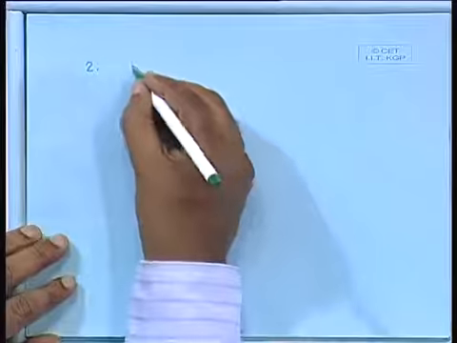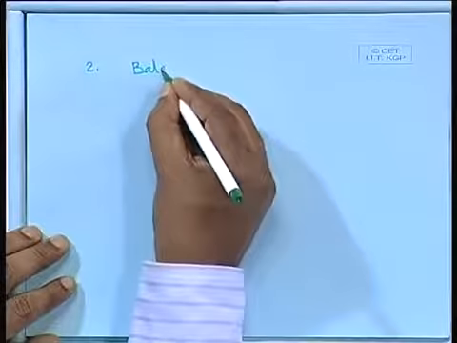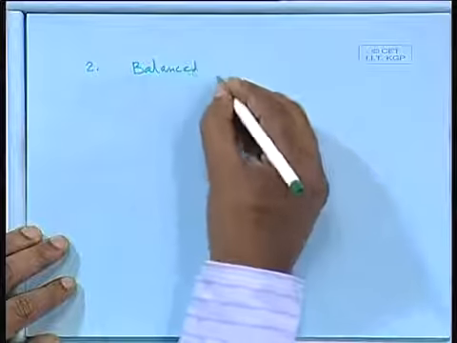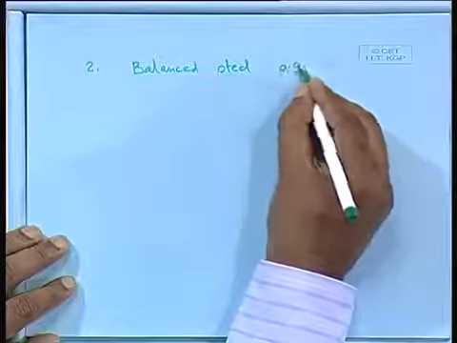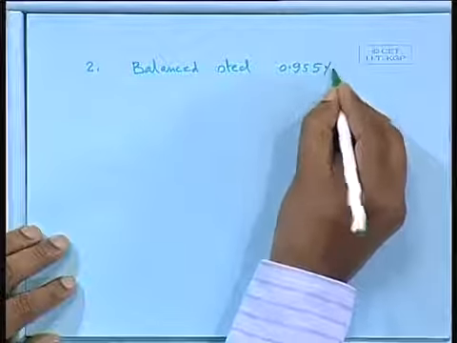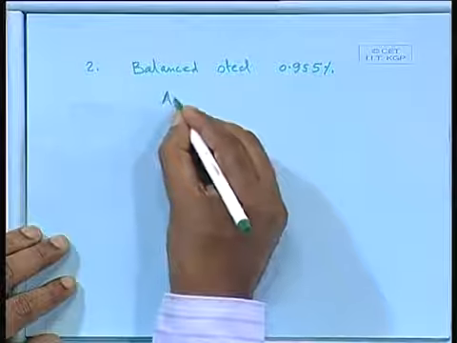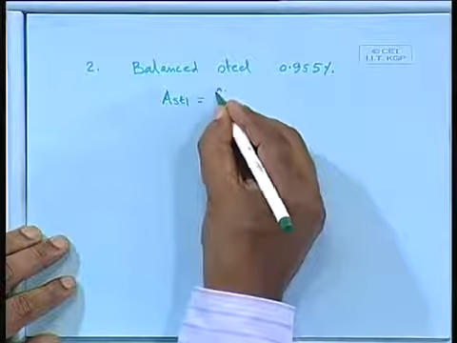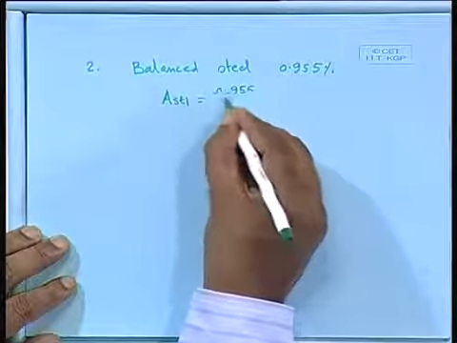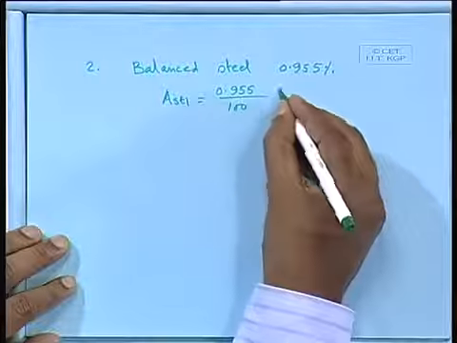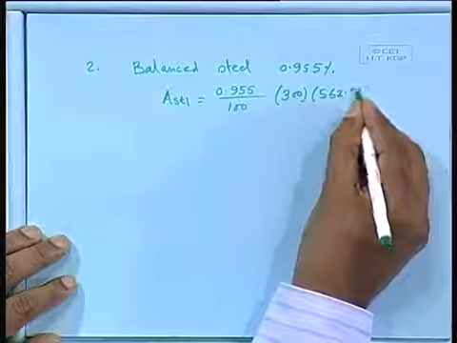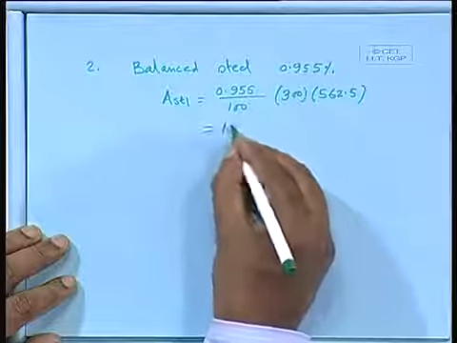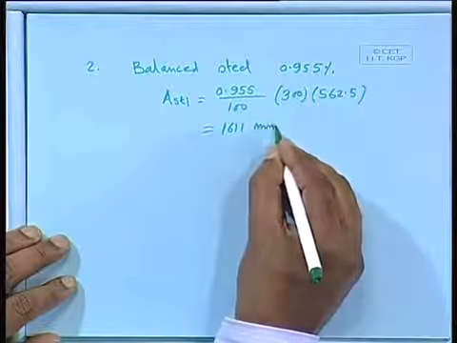Number 2, balanced steel 0.955%, already computed. Therefore, Ast1, area of steel, equals 0.955 by 100 times 300 times the effective depth, which comes as 1611 square millimeter.